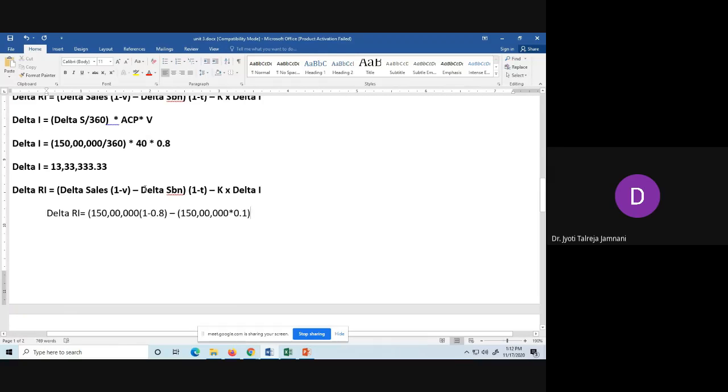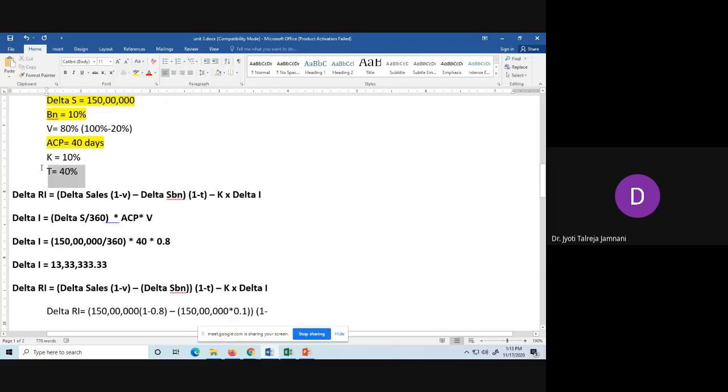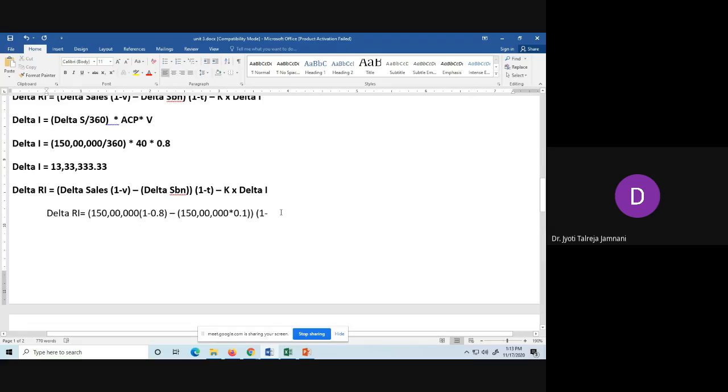Okay, so this is done. I'll close the main bracket also. Now what I have to do next, whatever answer I get, I have to multiply by 1 minus the tax rate. How much is the tax rate given? 40%. So 40 divided by 100, the tax rate will be 0.4. Once I get this answer, I have to subtract K times delta I. What is K?